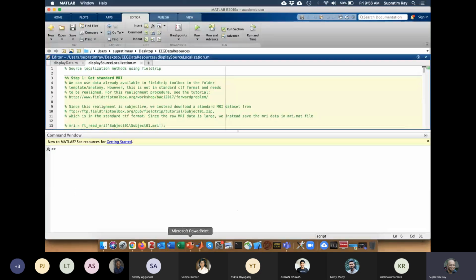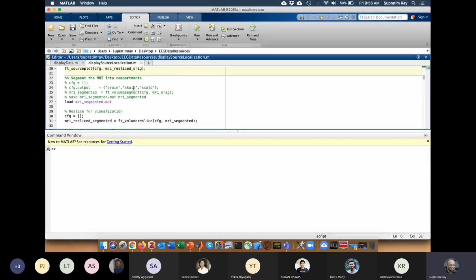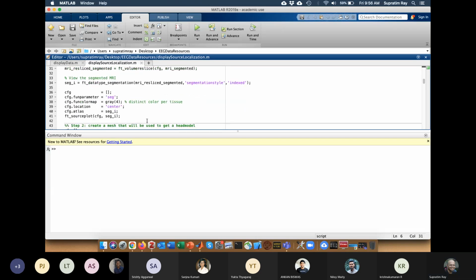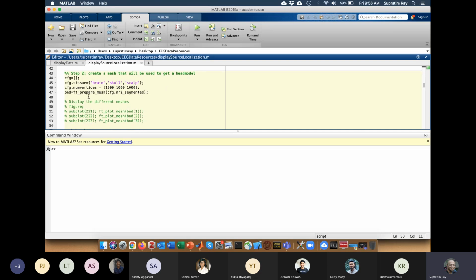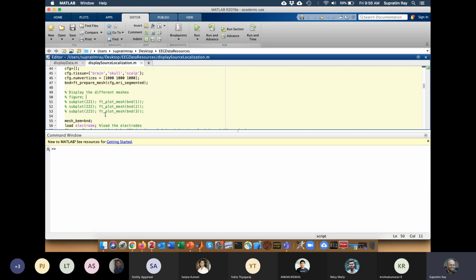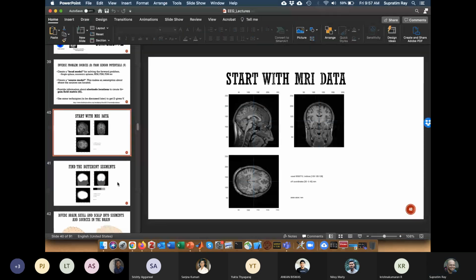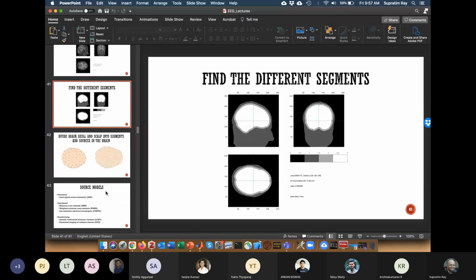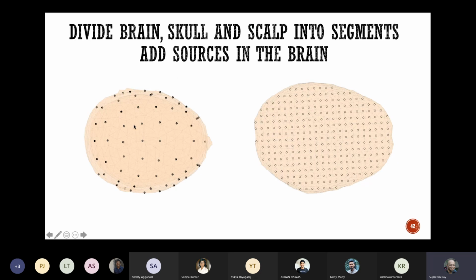It makes a lot of sense when you are doing this in MATLAB together. So brain, skull, and scalp, it's going to parcellate based on the MRI data. And then you create a head model. So here you have some choices that are given, and it creates a head model, which is these little brown meshes that you see. I hope you can see the brown meshes here.